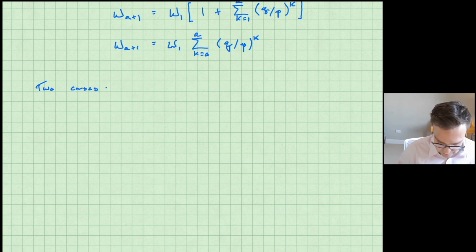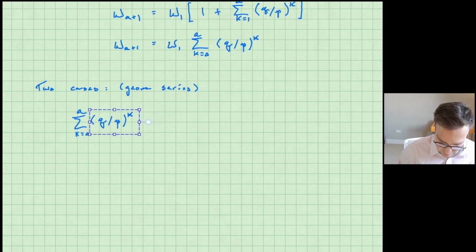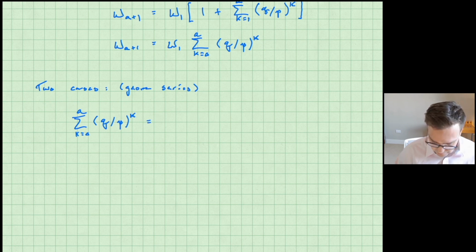This is a geometric series, so this sum is equal to two different cases.